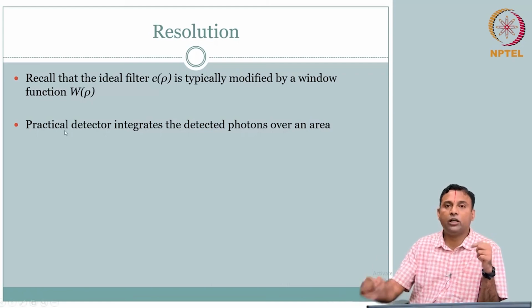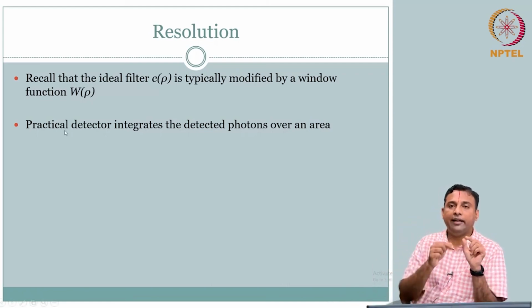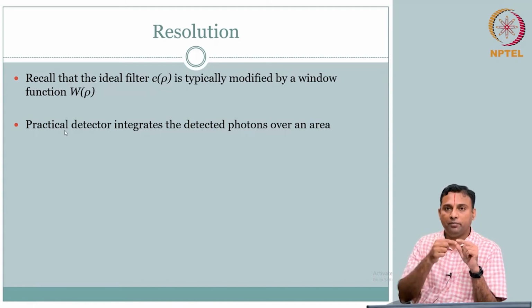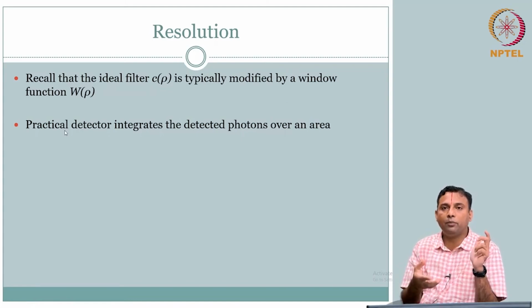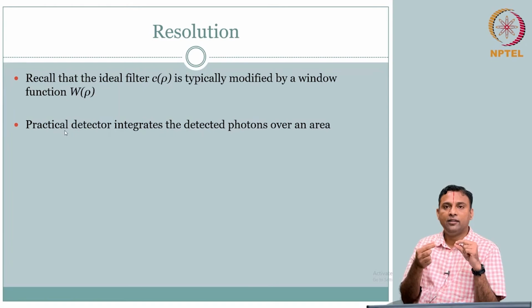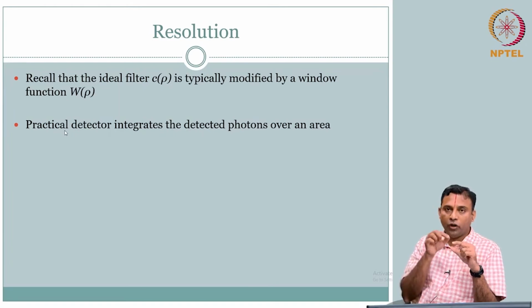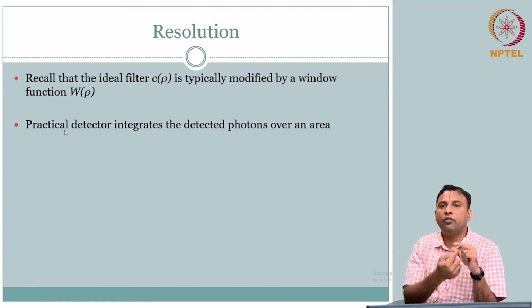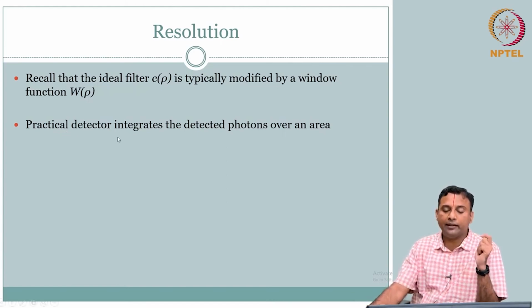And then we talked about all of the line integrals going to a point, right? Point detectors. The detector is not a point detector. It has an area. So what you are measuring, what you are saying you got at a particular point, is actually the sum of all of the things that are falling on the detector surface, the area of the detector. So a practical detector is not going to be an infinitesimally small point.